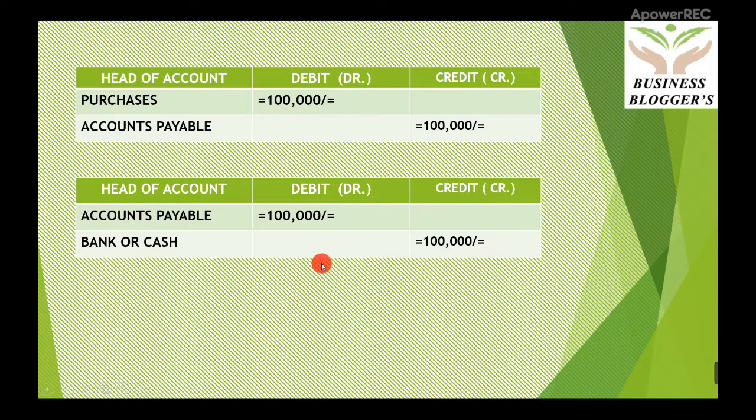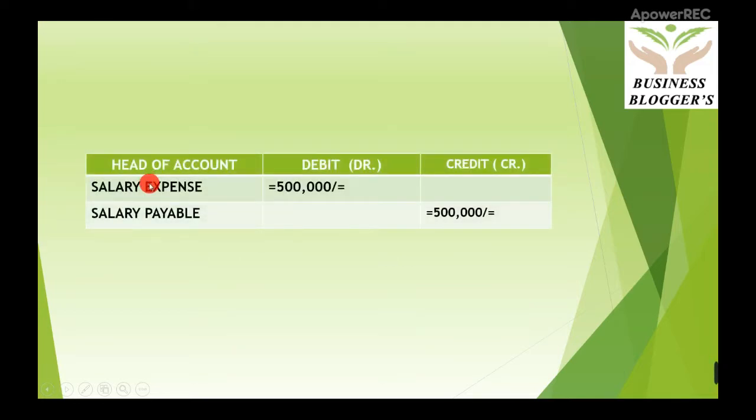Okay, let's record another transaction. If any company makes transactions on accrual basis, we know very well that in all companies at the end of the month or at the end of the year, all expenses are recorded through accrual basis. For example, the accounts department makes a salary sheet at the end of the month.